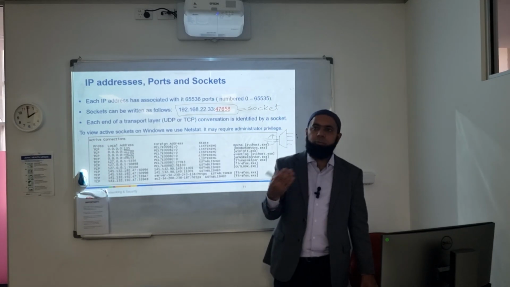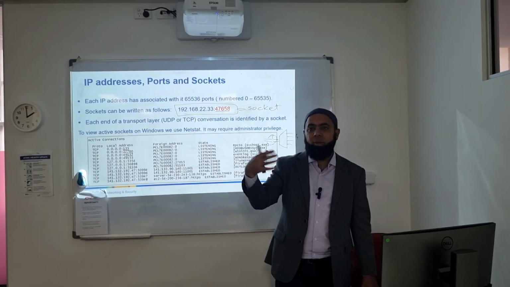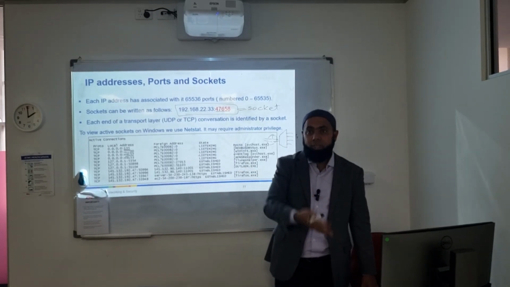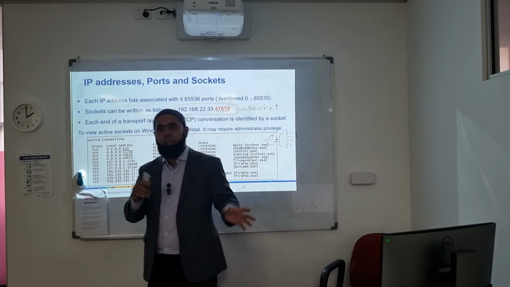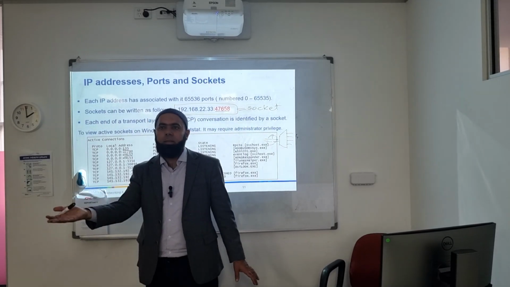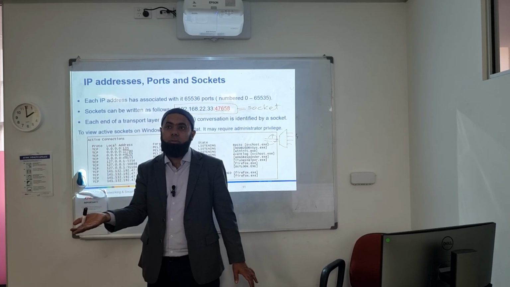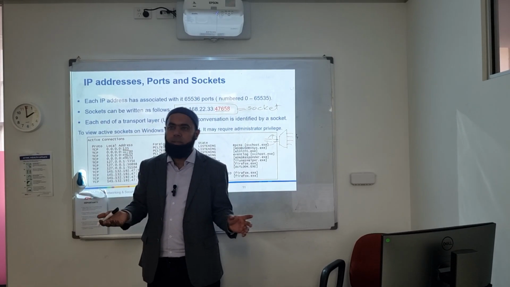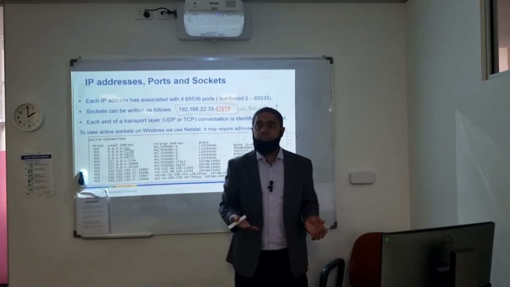So if an app already has a port number and you open another instance of the same app, like opening Mozilla again, you need another port number. They can't duplicate it. Otherwise, how would it recognize where to go?